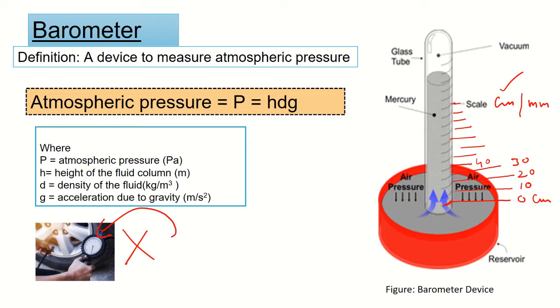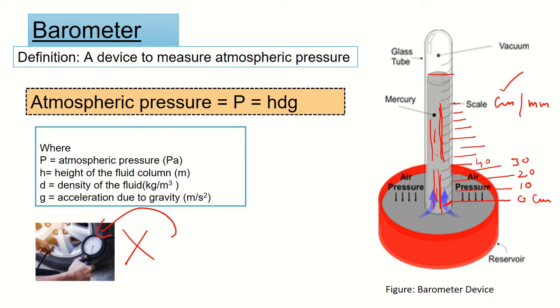Now, how is the barometer used to find the atmospheric pressure? There is no direct reading from this barometer device. One parameter we have to find is the height of the mercury. From 0, the mercury will go up, up, up, and keep on rising, and at one time there is no more rise in the mercury; it stops here.